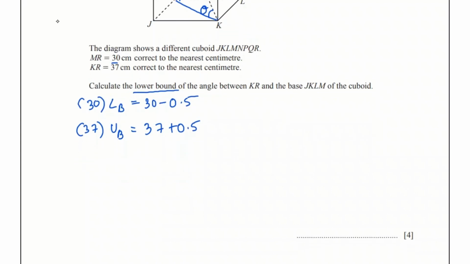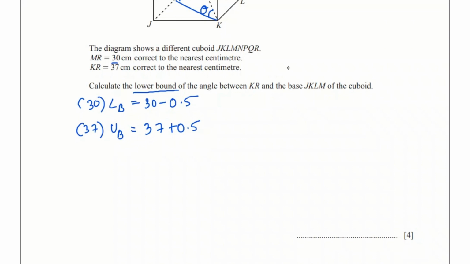This is for 4 marks. The lower bound of 30 will be 30 minus 0.5 because it's to the nearest centimeter, and over here it is going to be the upper bound.